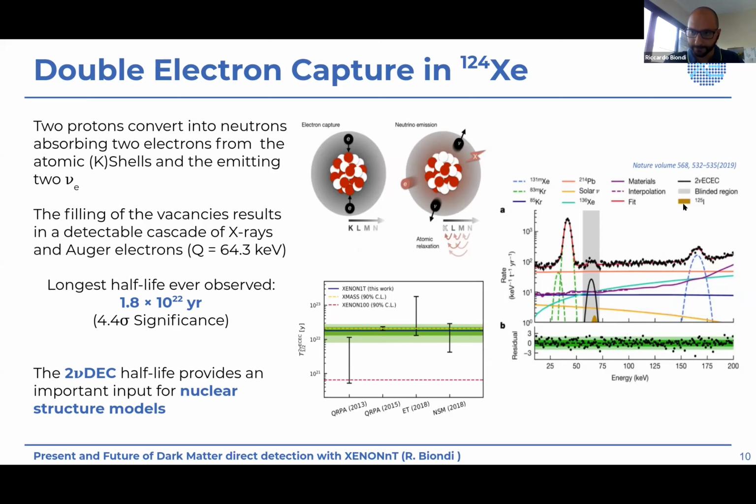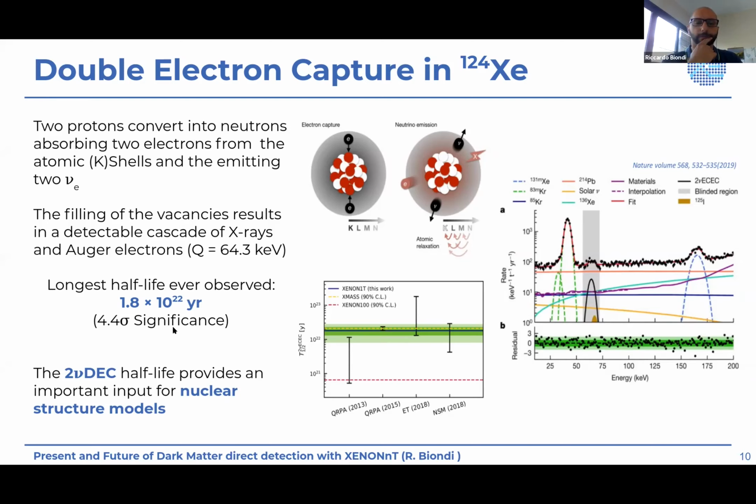The most important background is coming from iodine-125 that is induced in our detector from calibration with neutrons. So we needed to take good care of this kind of background.